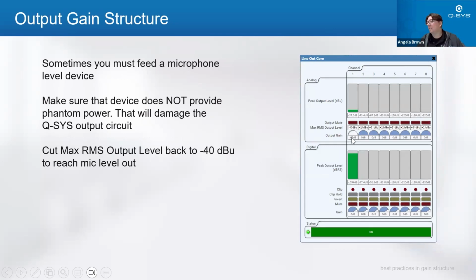You can take the analog output gain all the way down to minus 40 dBu, which is essentially microphone level, if you have to. So if you have to feed something from a core into another device, like a mixer or some other thing, it's really nice that we give you the full breadth of the available output gain.